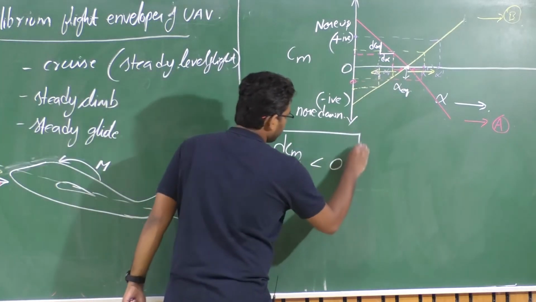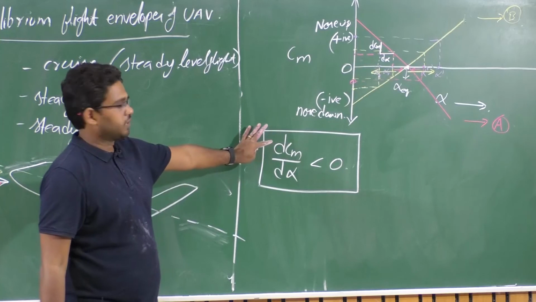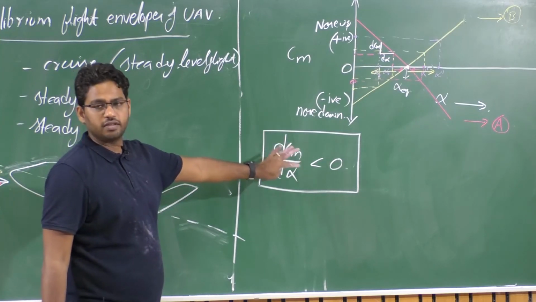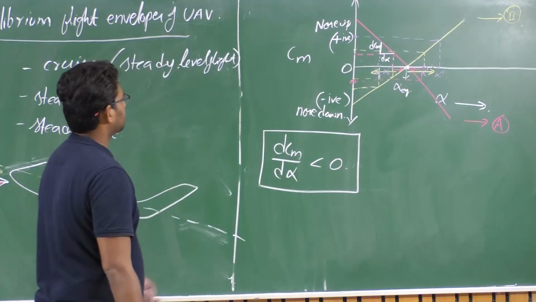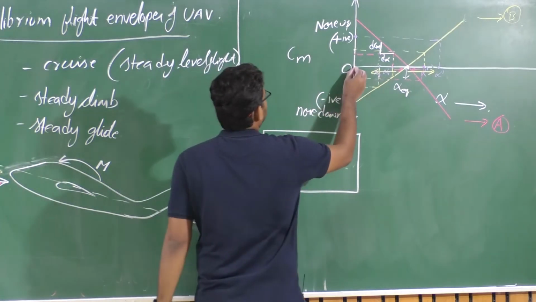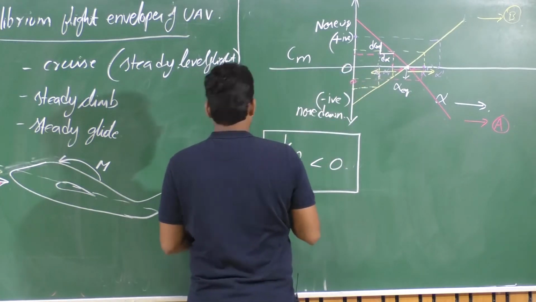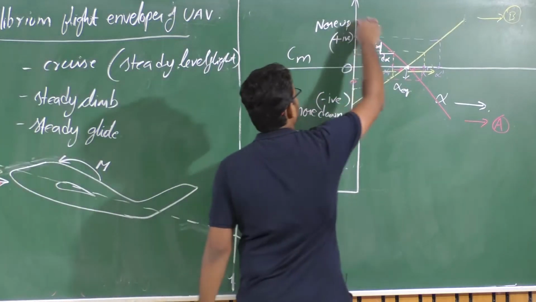So this is one important condition that we need to maintain for a longitudinal static stable flight, right? And is that all? Is that sufficient enough? So let's consider another plot which is just parallel to this red line.